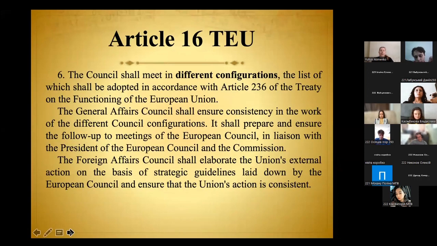So in Article 16, we have a special rule that the Council shall meet in different configurations, the list of which may be adopted in accordance with Article 236 of the Treaty on the Functioning of the European Union. So different configurations means that there are some issues that will be discussed and voted on by different representatives of the member states.